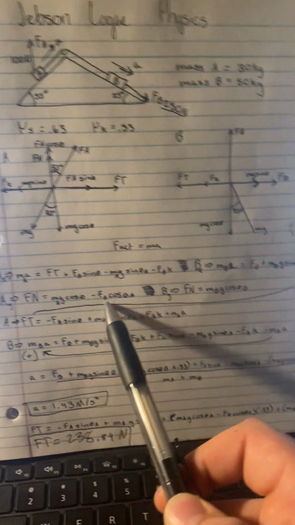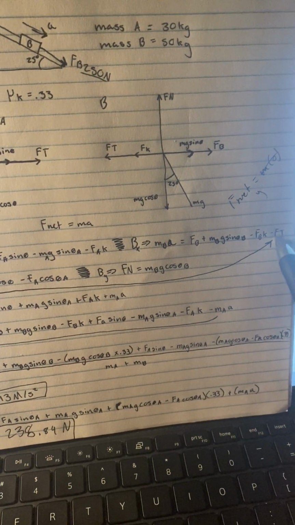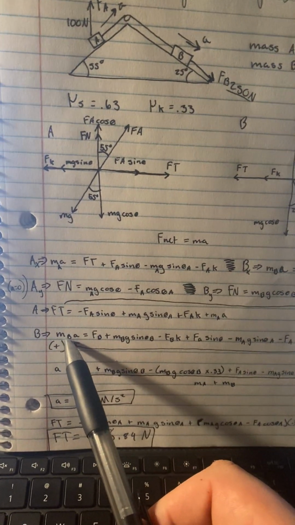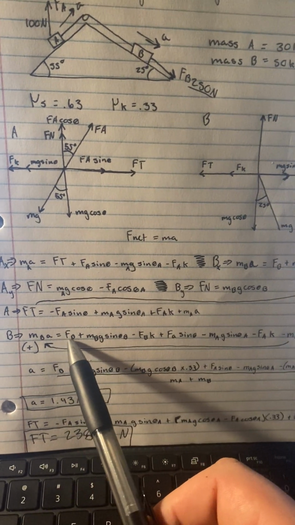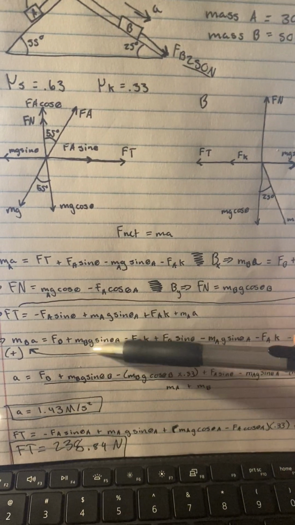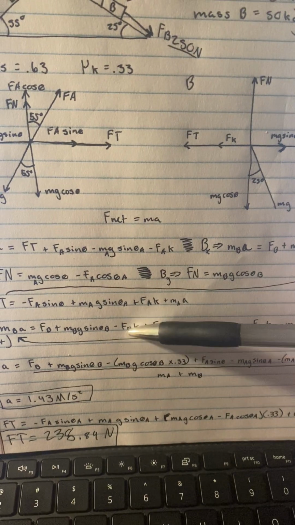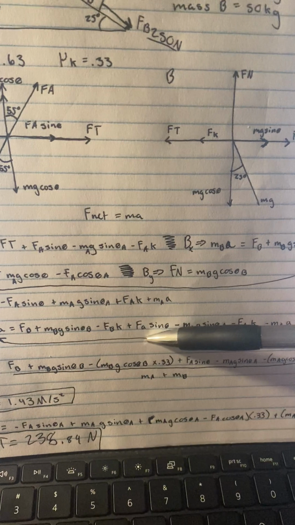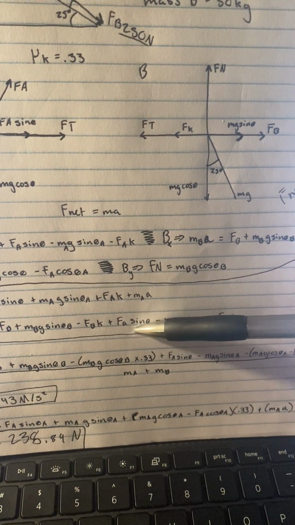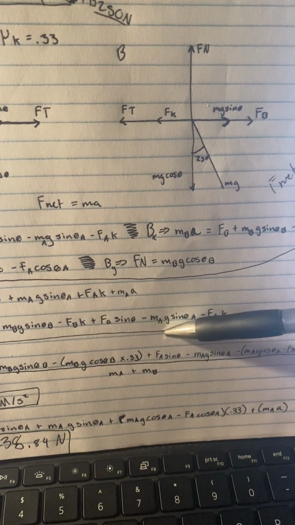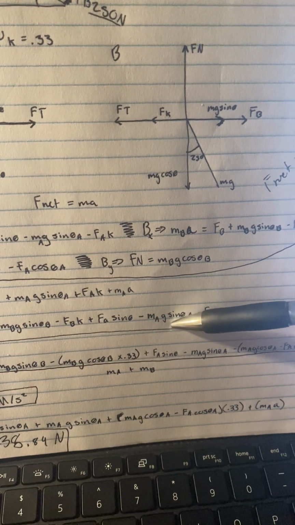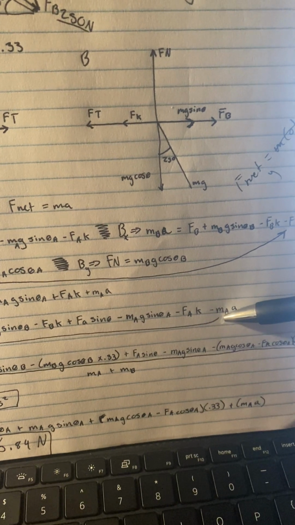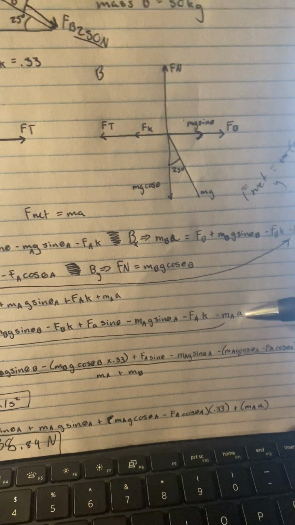So we take this and plug it into this F_T. Now we have: mass of B times acceleration equals F_B plus m_B g sine theta minus force of friction on B plus F_A sine theta minus m_A g sine theta_A minus force of friction on box A minus mass of A times acceleration.